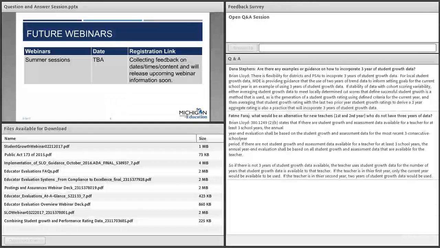There is a guidance document for the use of student growth percentiles that is in development, and we are planning on releasing soon. It's a guide for both policy for the use of student growth percentiles, and also a technical guide to provide guidance for aggregating student growth percentiles over a 3-year period.